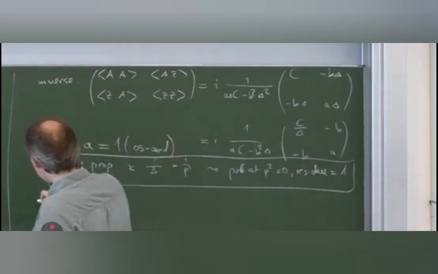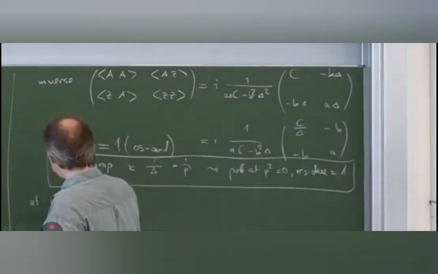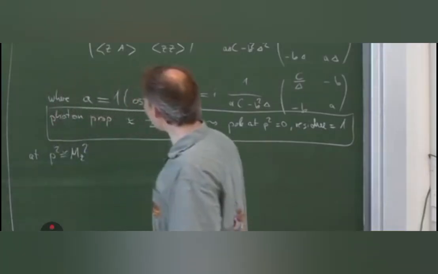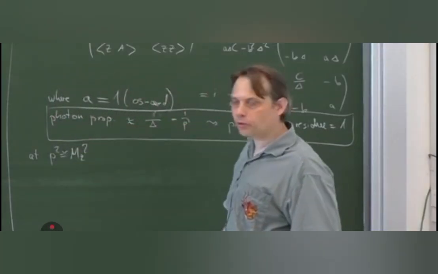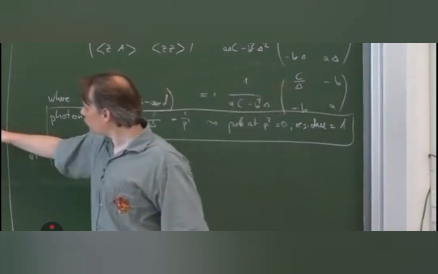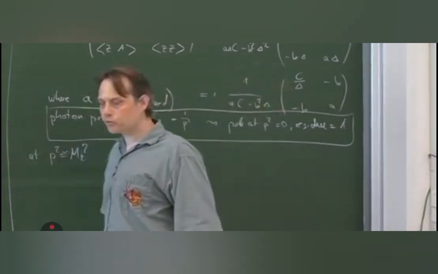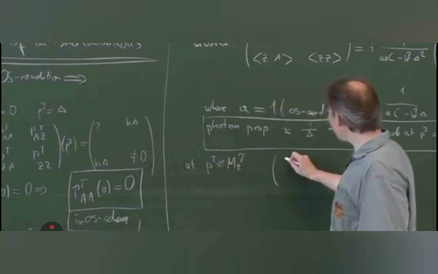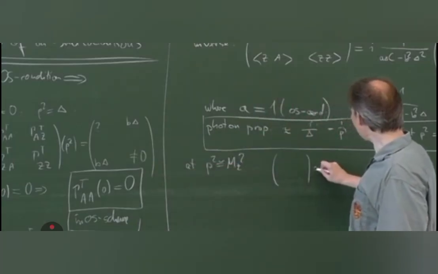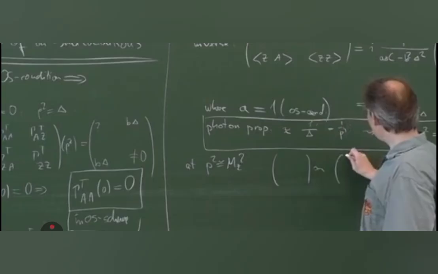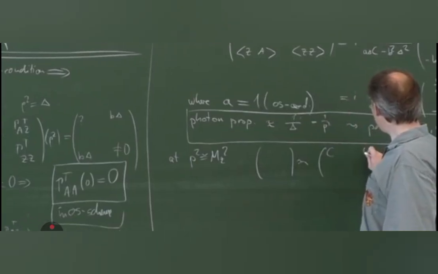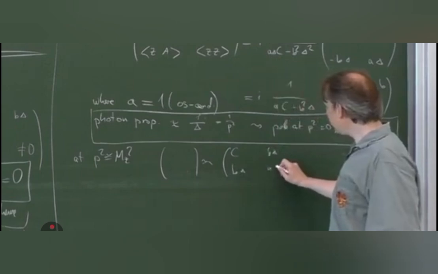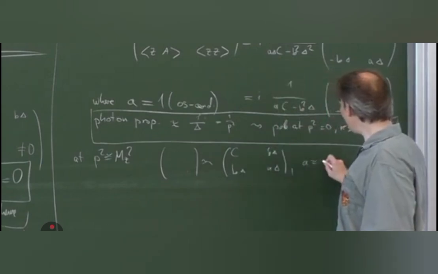And of course, at the Z mass, exactly the opposite is valid. So let's not go through the calculation, but it is obvious that exactly the opposite renormalization conditions now hold. There, the matrix has the form, let's say, C times B times delta, B times delta, and here A times delta, and again A is equal to 1.